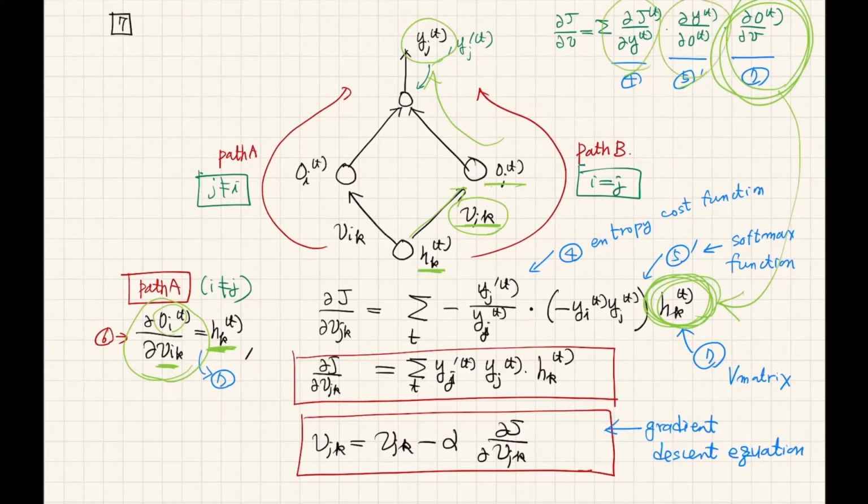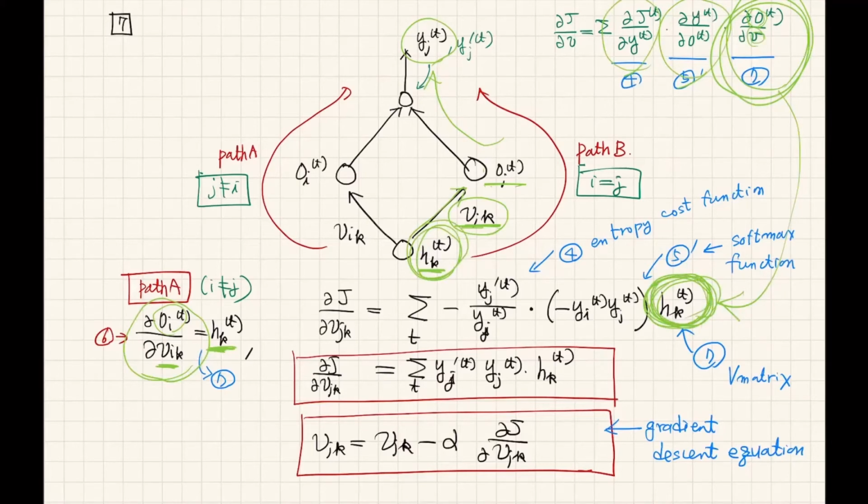The last thing is that the connecting element from H to O is vector V. So if you take the derivative of the output function with respect to V, it is actually the hidden layer input. That is shown up here.